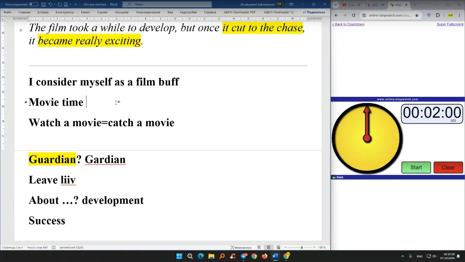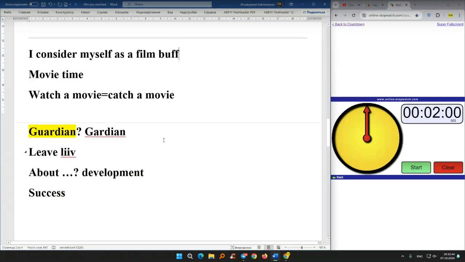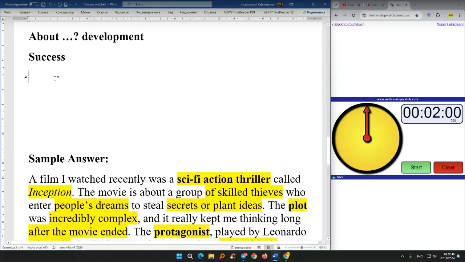You said I am film buff, or instead of that, you could say I consider myself a film buff, right? So these are my suggestions and feedback for you, and thank you.